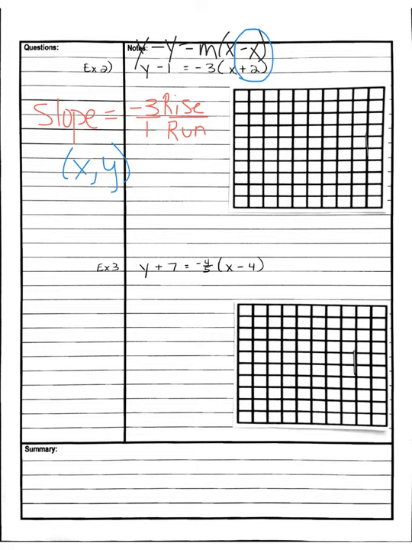Would you agree that if I wrote it as x minus a -2, that is the exact same thing as saying x plus 2? Yes, it is. So this -2 is going to be my x value.